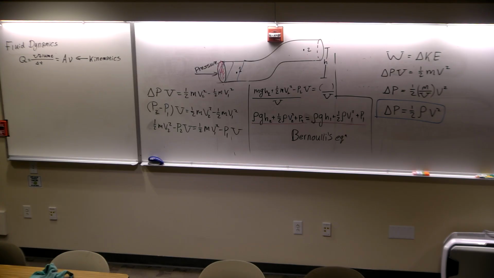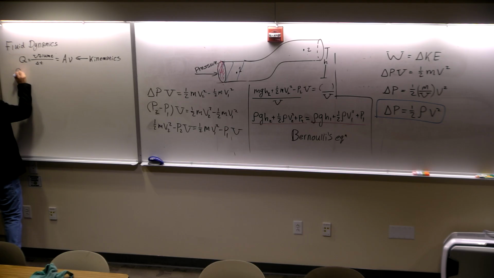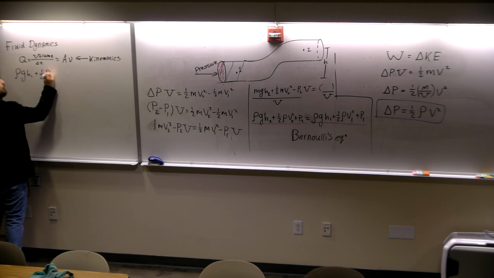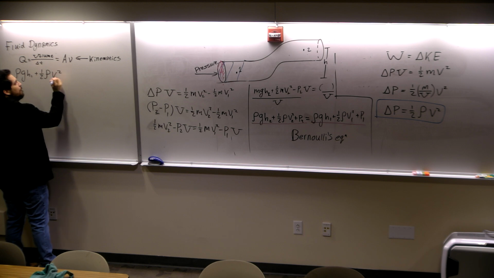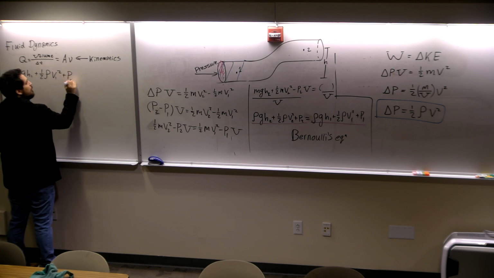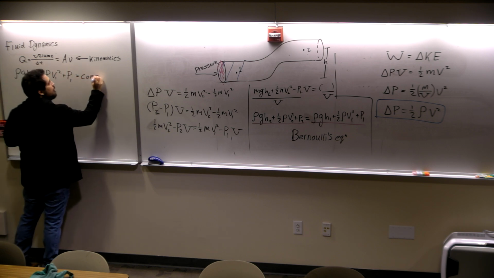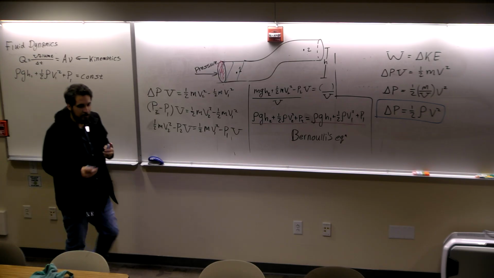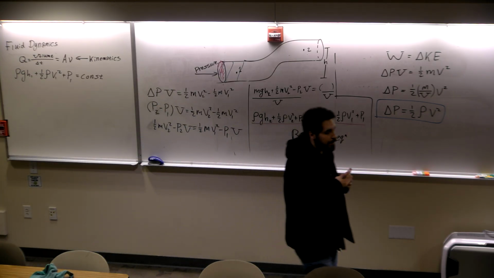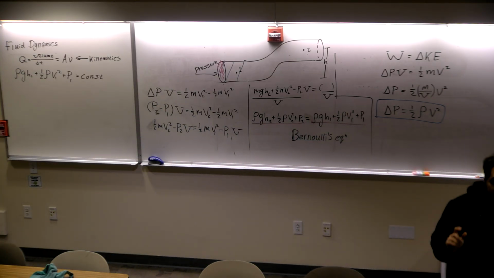But these two pieces, continuity and Bernoulli's equation, tell us everything we really need to know about fluid dynamics as far as this class is concerned. Now, we have made a couple of very important distinctions.